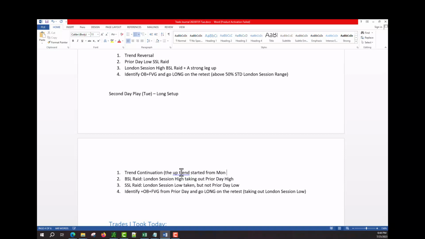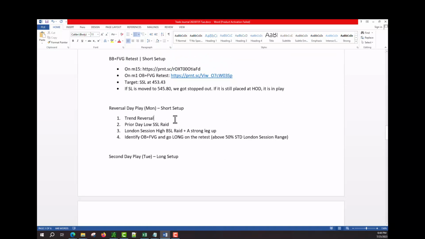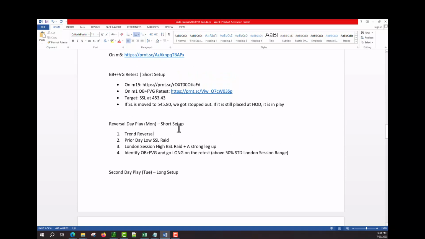Monday reversed the trend. For Monday, we name it a reversal day pair from the downtrend of Wednesday, Thursday, and Friday.